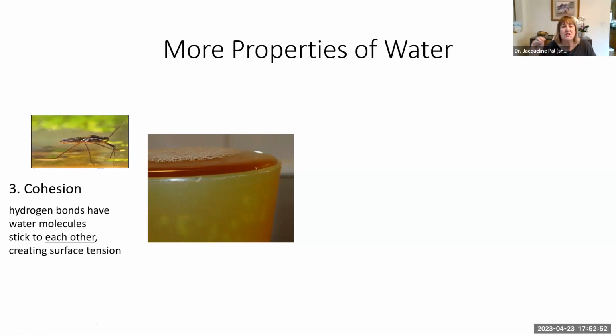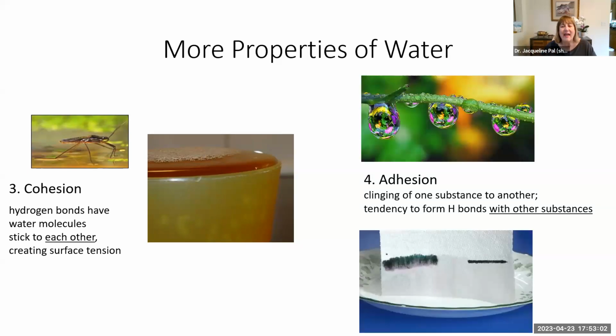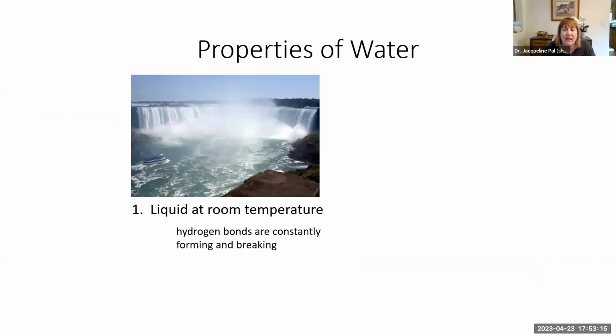Now, cohesion is hydrogen bonds with water molecules attracting to each other. And that is different than adhesion, which is the hydrogen bonds of water forming with other substances. And so you can see this if you look at the dewdrops in the morning attached to the plant.